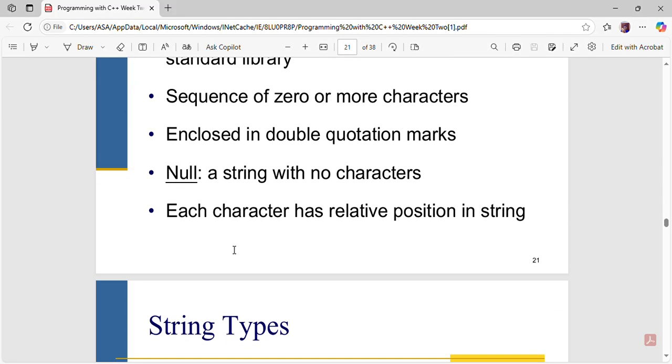We have the null, a string with no characters. Each character has a relative position in a string.